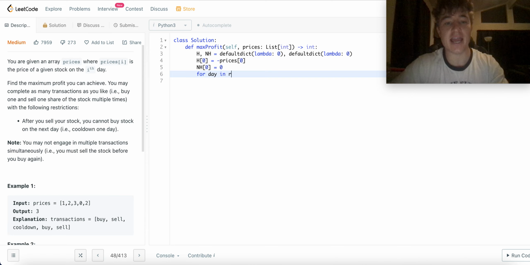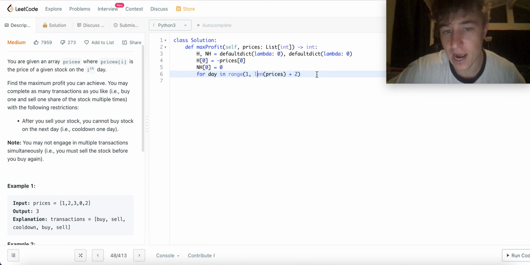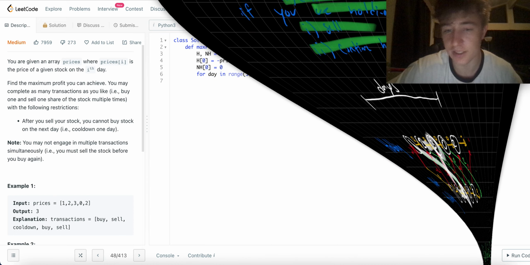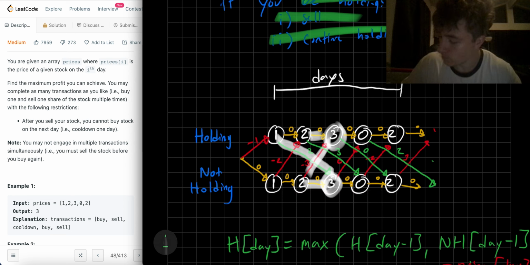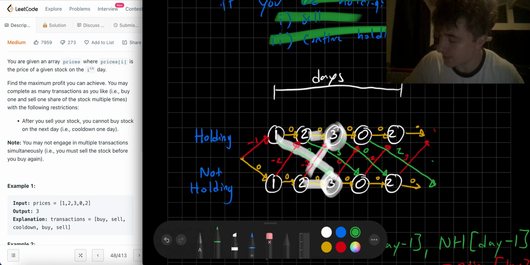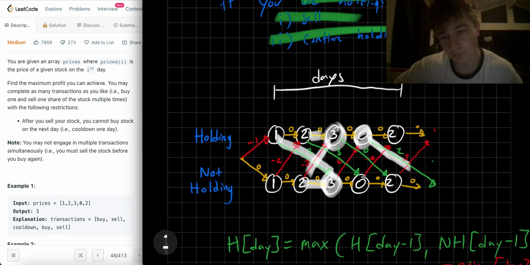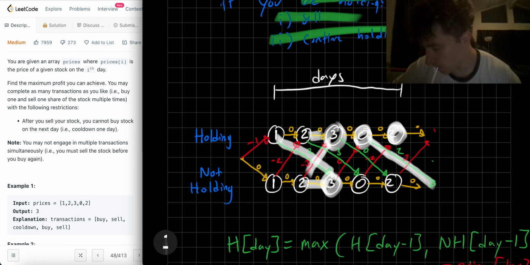So we'll look at each day in range 1 to length of prices plus 2. So why did I put plus 2 here? Well, let's see if it's plus 2. The problem is, I could decide to sell on this day, but I could also decide to sell on this day.